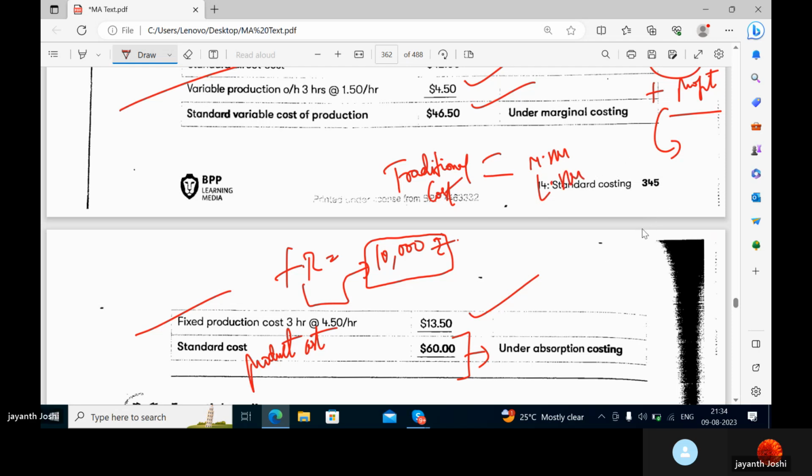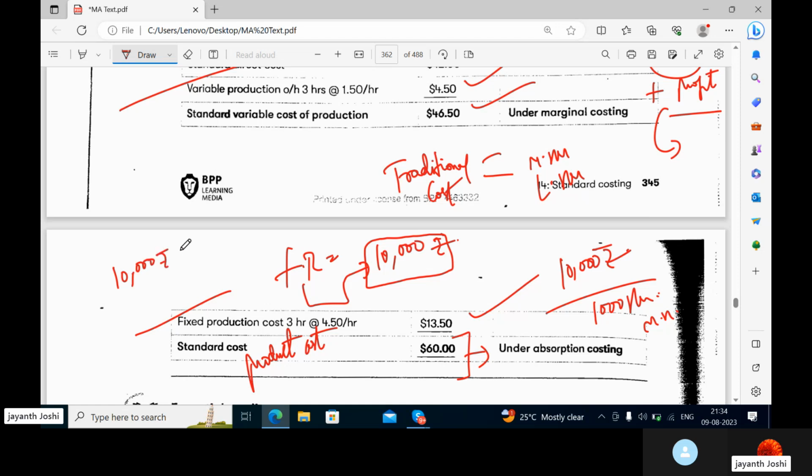Yes, sir. So 10,000 rupees of factory rent I will divide by 1,000 machine hours, or 10,000 rupees of factory rent I will divide by 1,000 labor hours. So I will get 10 rupees per machine hour.